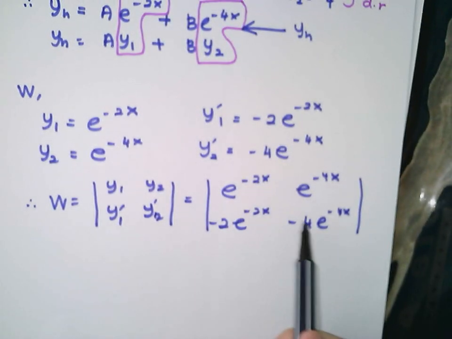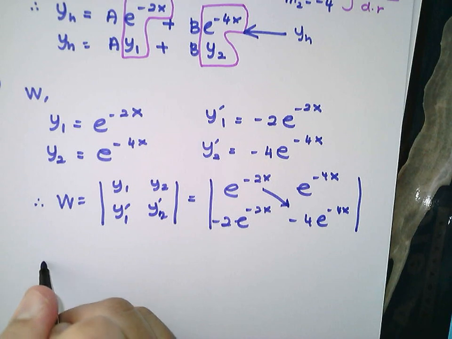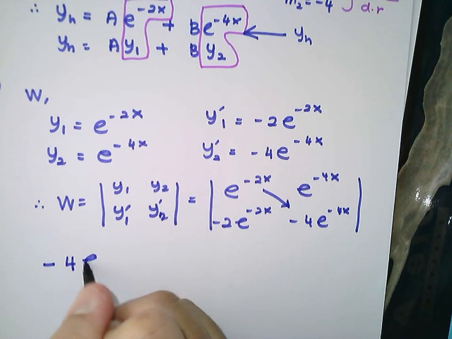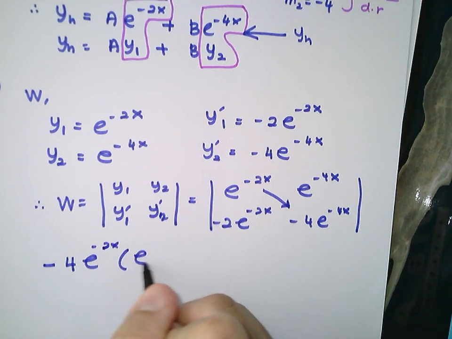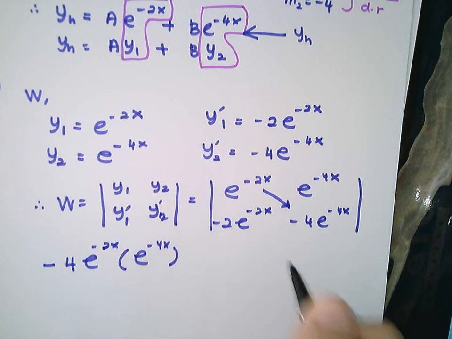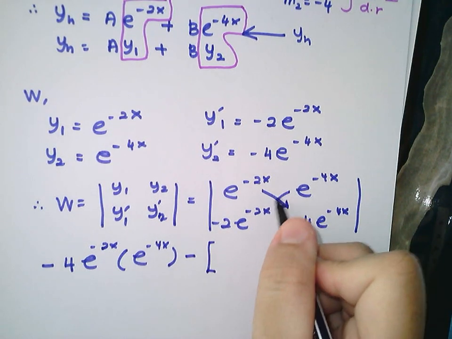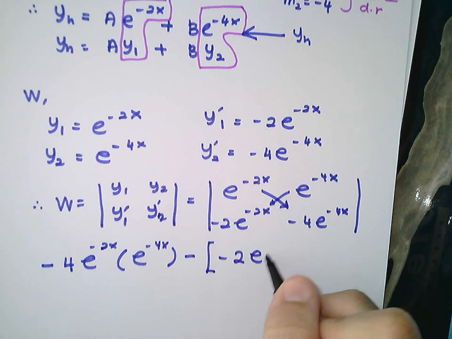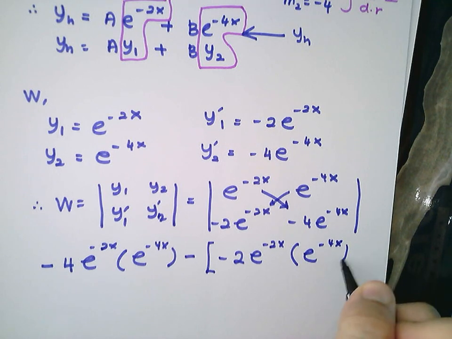So you will have this one multiplied by this one: negative 4 exponent negative 2x times exponent negative 4x, minus this one multiplied by this one: negative 2 exponent negative 2x times exponent negative 4x.